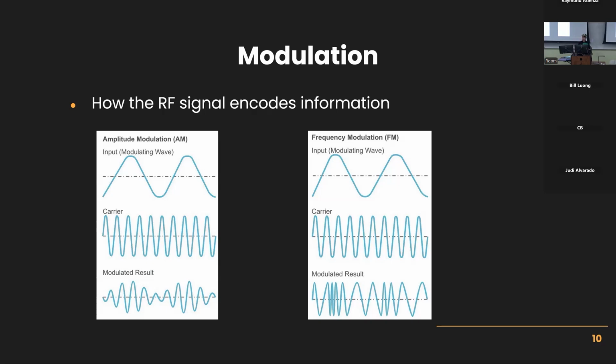In amplitude modulation, it carries the signal when it's activated. What I mean by that is when the waves start going, that's when it's carrying the signal. And what I mean by signal is ones and zeros. So if there's no signal, it's a 0. If there is a signal, it's a 1.